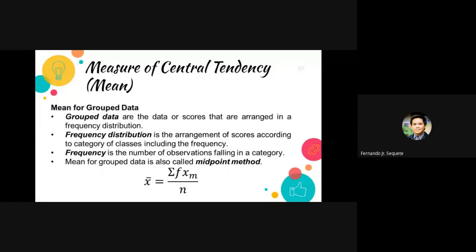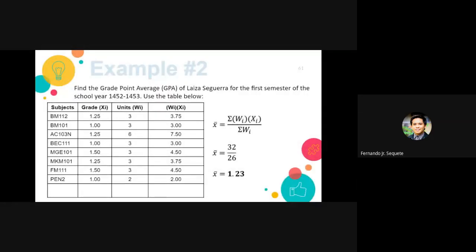Sir, when can we say that the data is grouped or ungrouped? Okay, this is what we need to remember, children. When we say grouped data, these are data or scores that are arranged in a frequency distribution. So again, children, didn't we see that earlier in this example? Example number 2, can you consider that as grouped or ungrouped data?